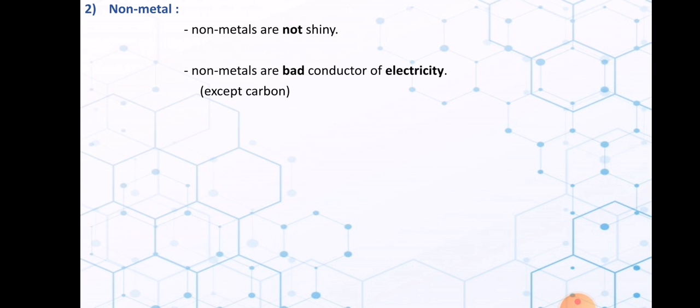The graphite bar inside the battery is made of carbon because carbon is a good conductor of electricity. It's the only non-metal that's a good conductor of electricity, while the rest of the non-metals are bad conductors of electricity.